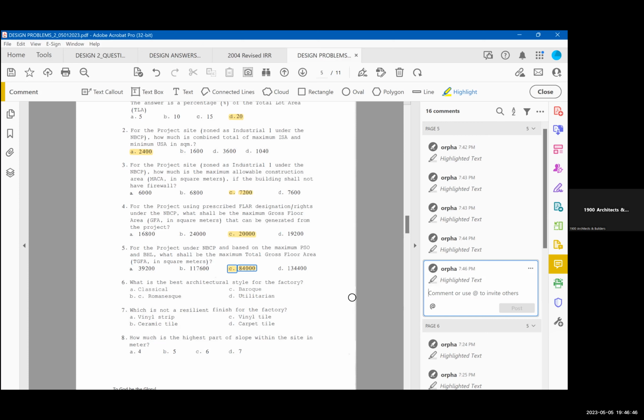Kasi, first is the type of the project is factory. So, it means not classical or Romanesque. So, the answer is obviously letter D.